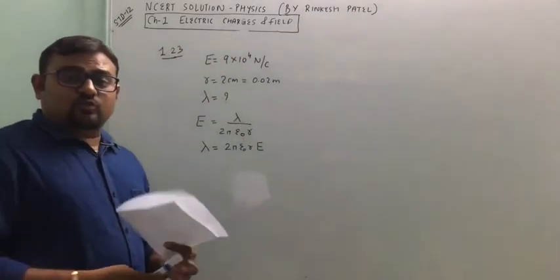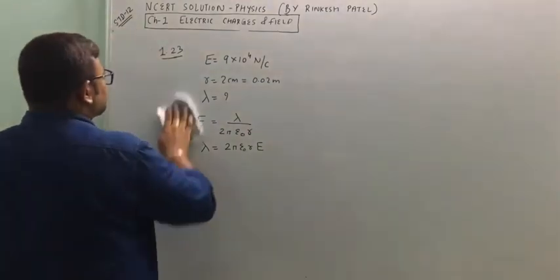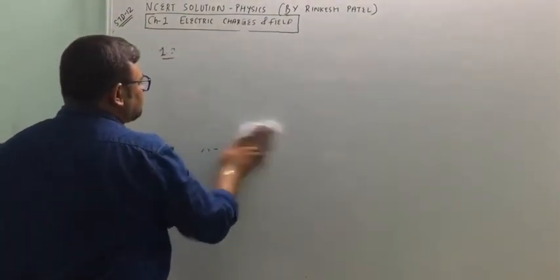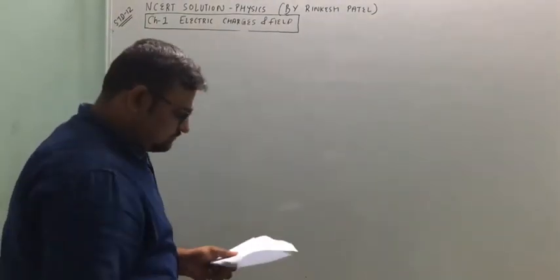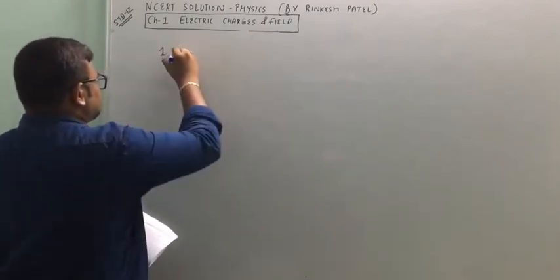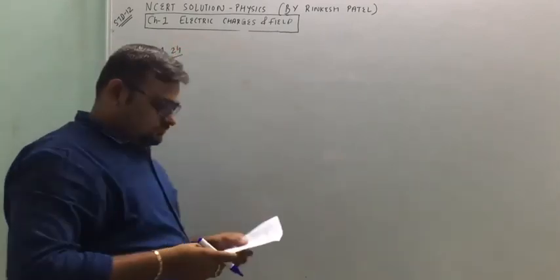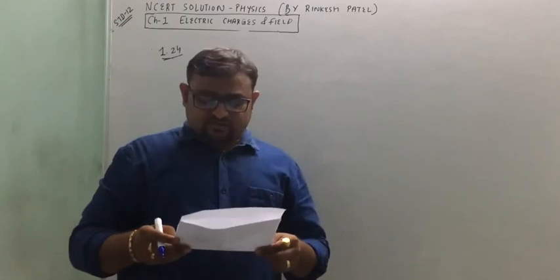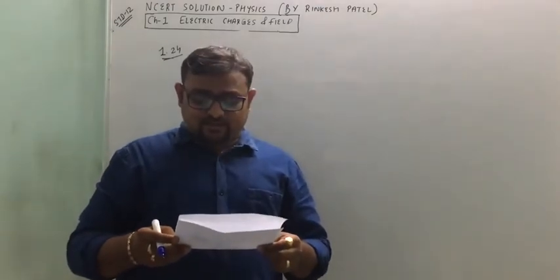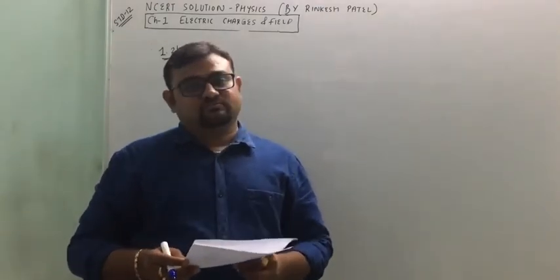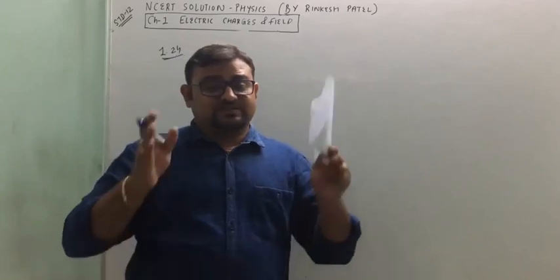Next, let's go to 1.24. Two large thin metal plates, parallel and close to each other. Means two large plates are taken.